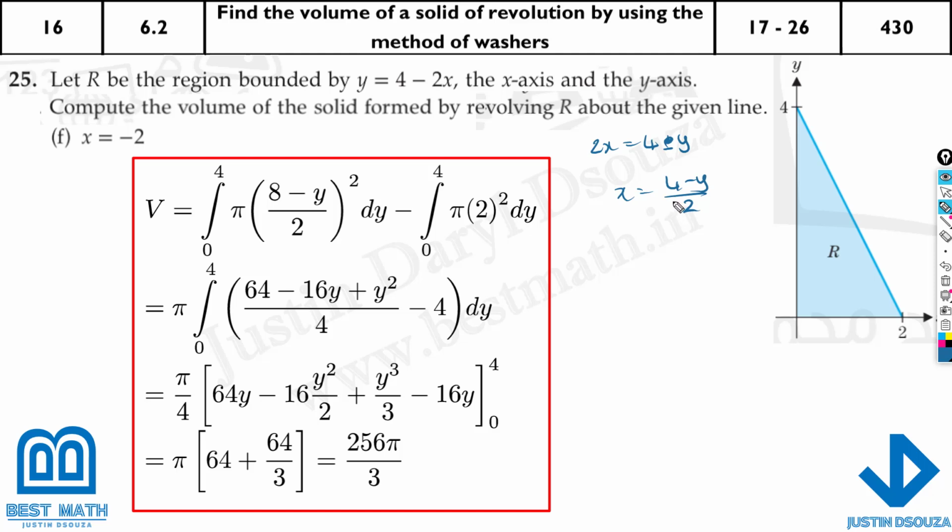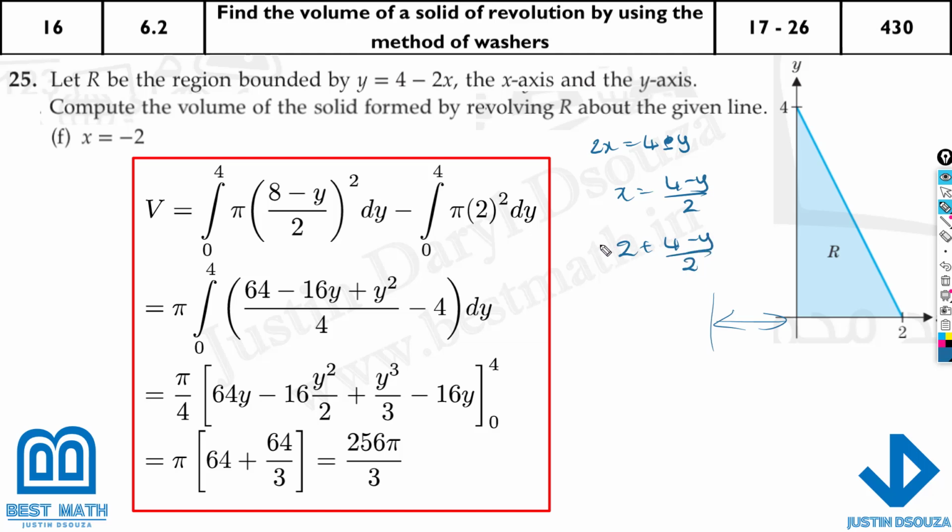So this is what they have done. And then they have added the 2 here because the outer radius is correct, 2 from here to here. The inner radius is 2. The outer radius will be 2 plus this equation, isn't it? 2 plus 4 minus y by 2.